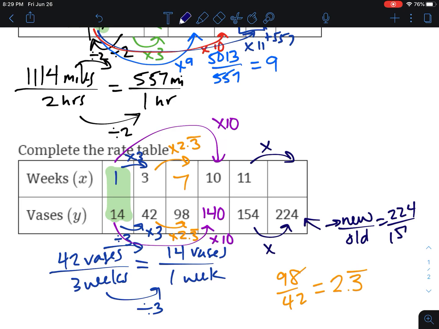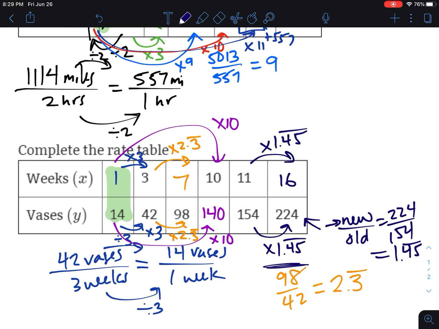So 224 divided by 154 is our scale factor. If it's a decimal, that's okay. No big deal. It is a decimal, 1.45 repeating. Keep that on your calculator. And then just hit the times sign after you've got that on your calculator, and then put an 11, and you'll get right to the answer, 16.